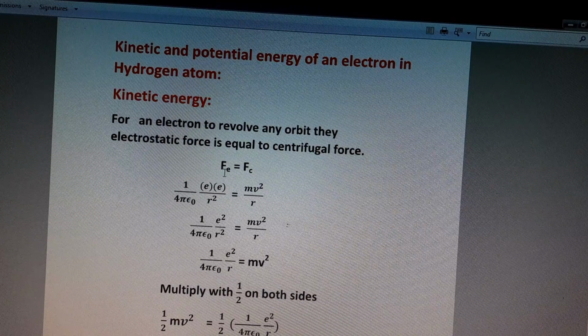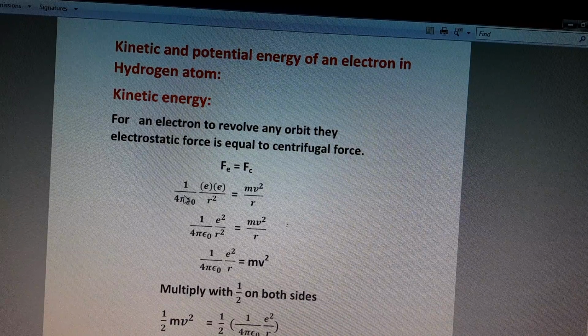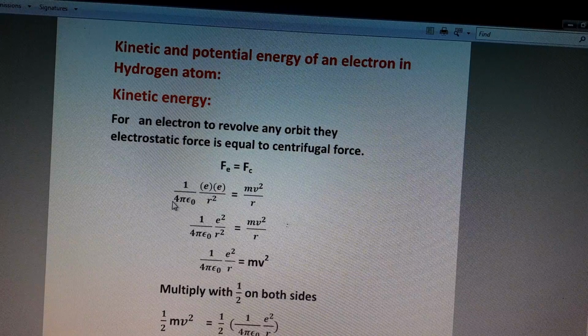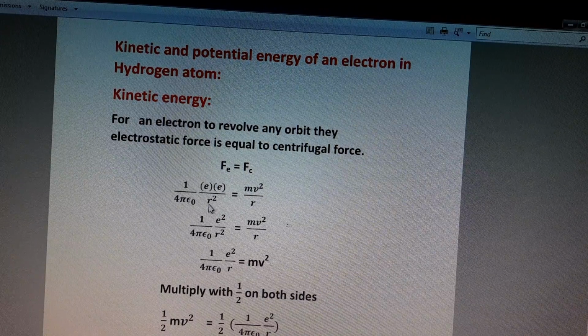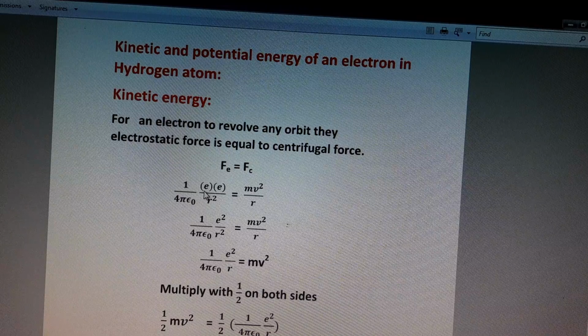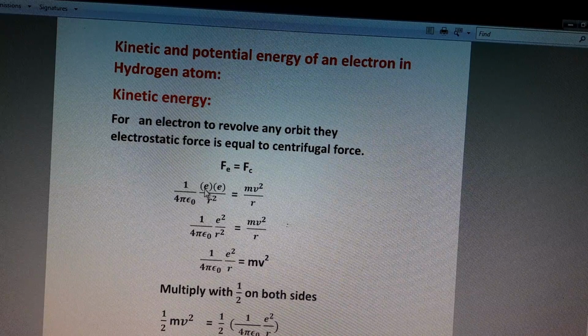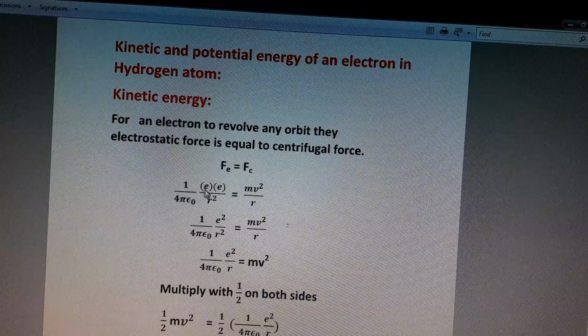The electrostatic force is given by Coulomb's law: F is equal to 1 by 4 pi epsilon naught Q1 Q2 by R square, where instead of Q1 Q2 we take the charge of the nucleus and the charge of the electron, e.